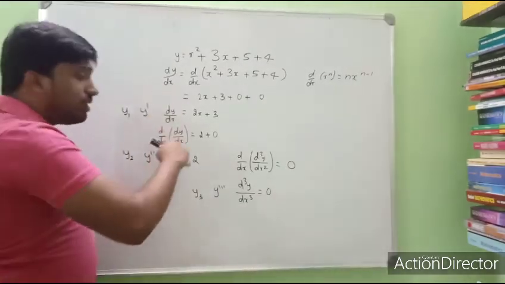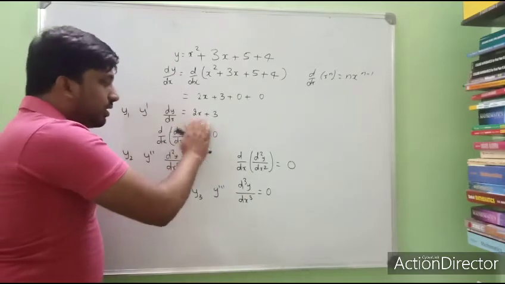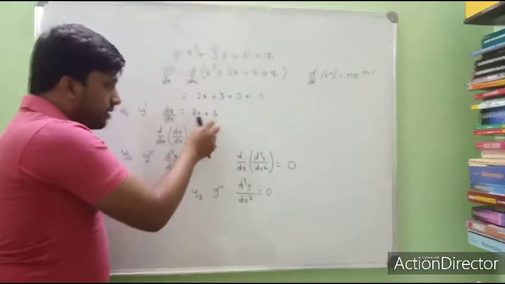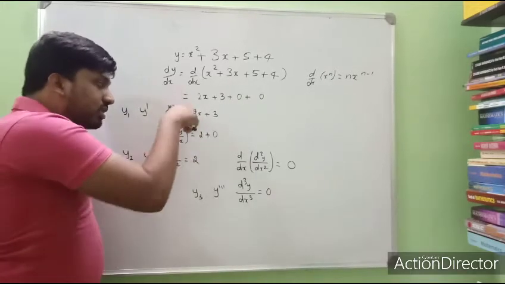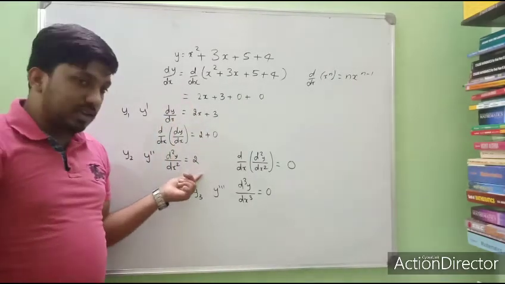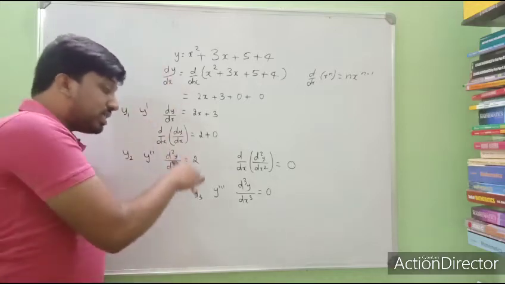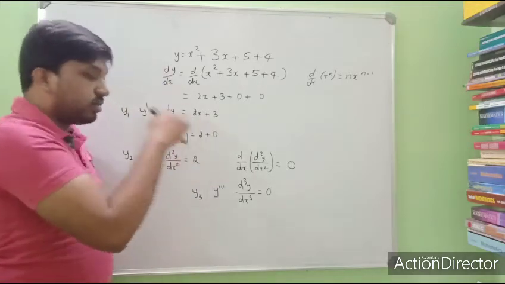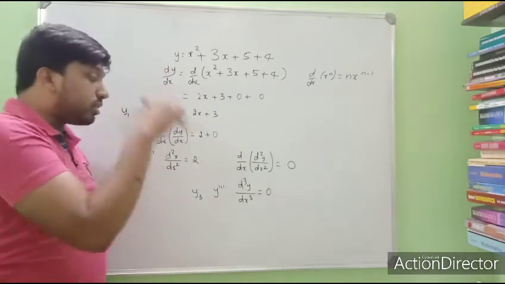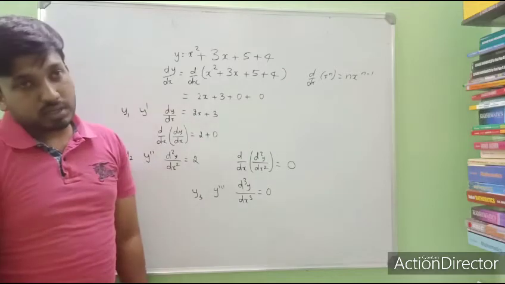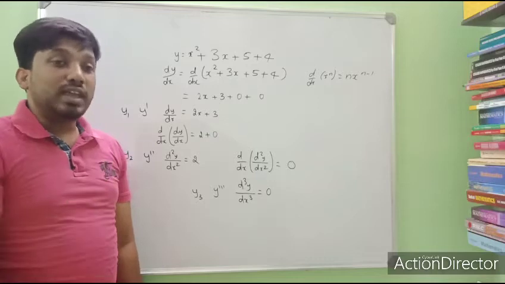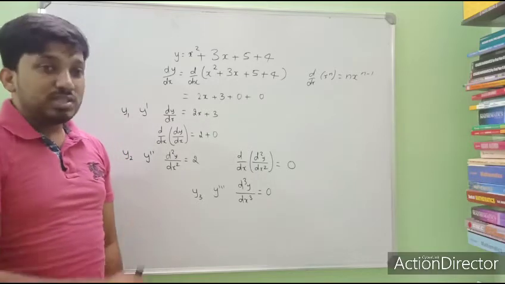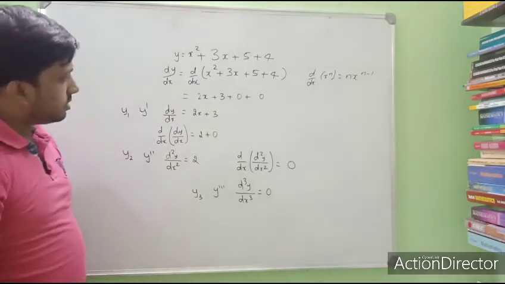Again, if we differentiate the first derivative, we will be getting the second derivative. Again, if you differentiate the second derivative, you will be getting the third derivative. Again, if you differentiate the third derivative, you will be getting the fourth derivative, fifth, sixth, seventh, and it goes on up to the nth derivative. Soon we will be seeing the nth derivative of the functions.